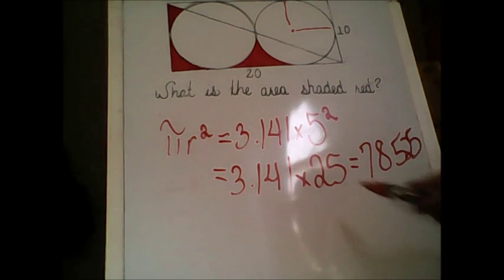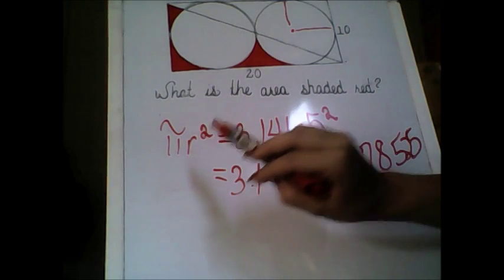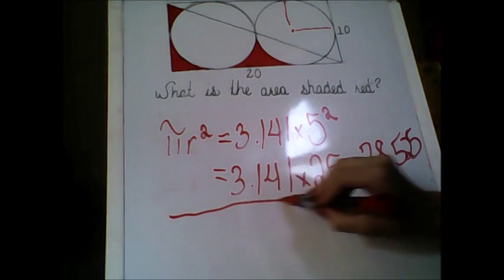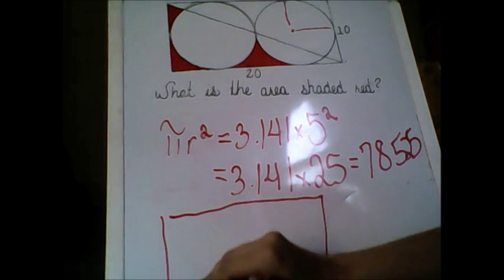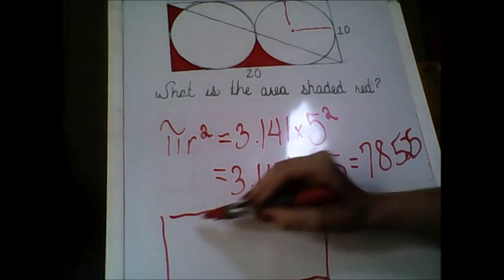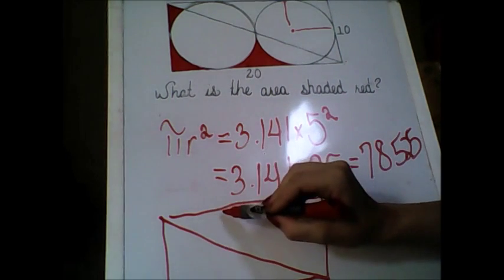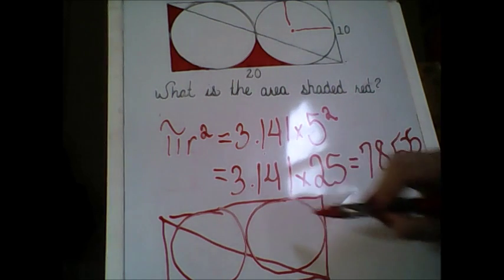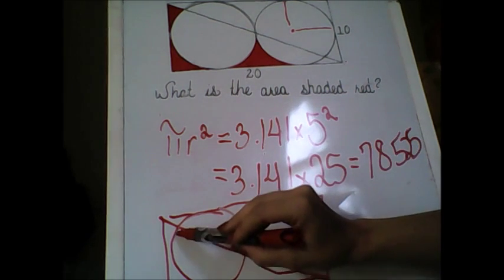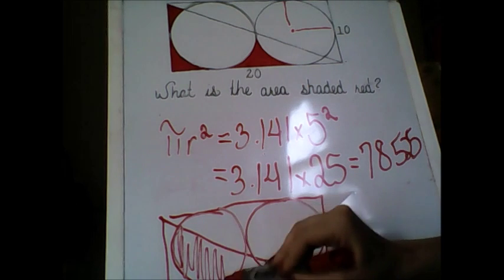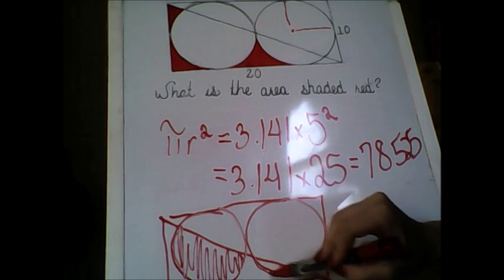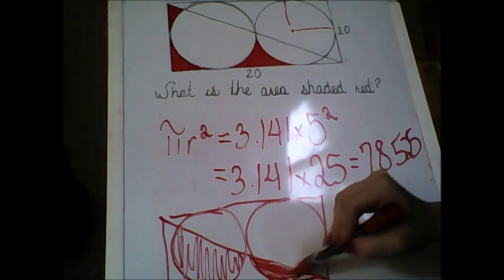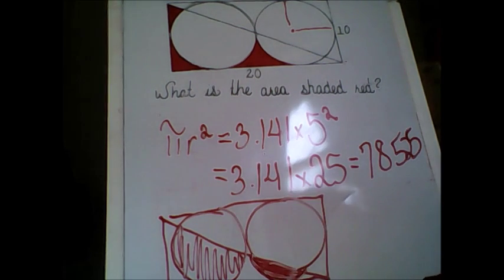We just said we found the area of one circle. If we draw this again, very crudely, circles are my worst, sorry guys, then this is giving us this part of the circle and this part of the circle. So we've taken those out.